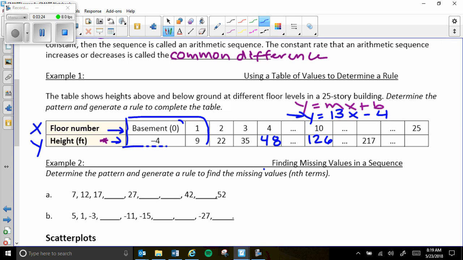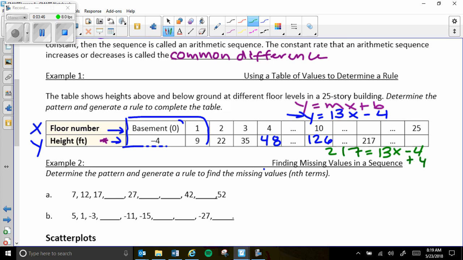For my next missing value, what value do they give me, x or y? They give me a height of 217. So in this case, I'm plugging 217 in for y. 217 equals 13x minus 4. And now I need to solve for x. I need to figure out the floor number.